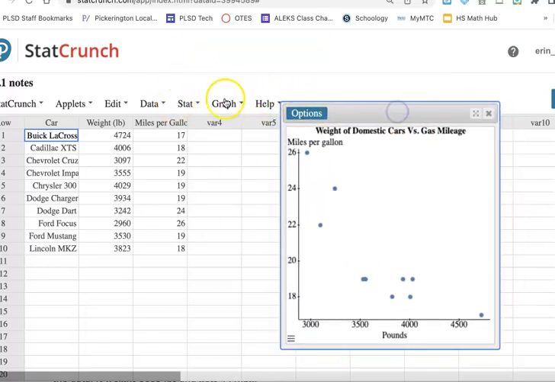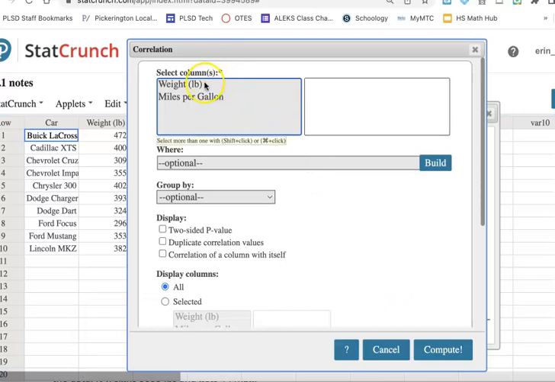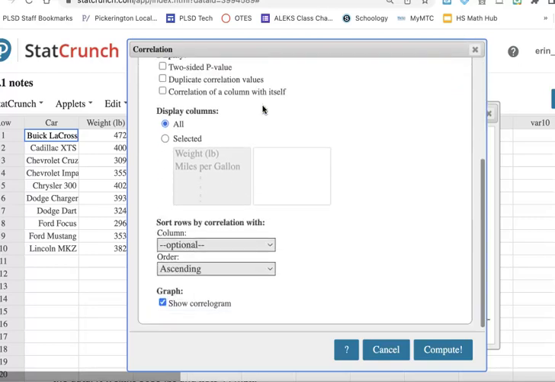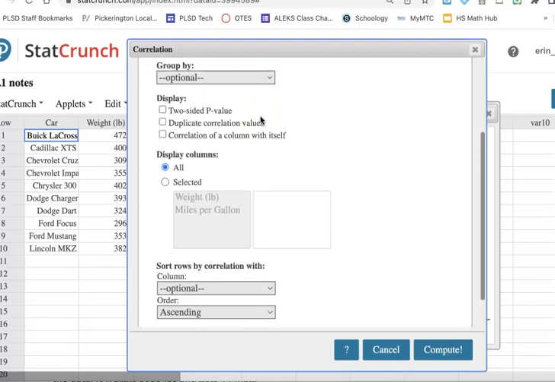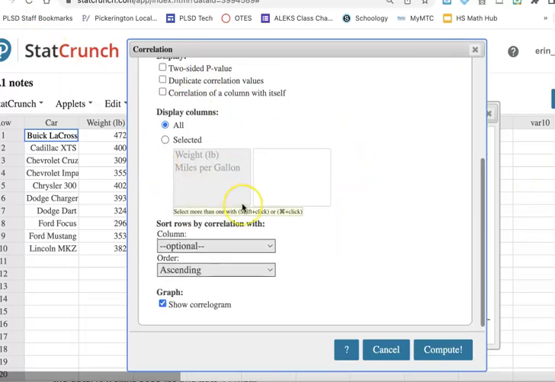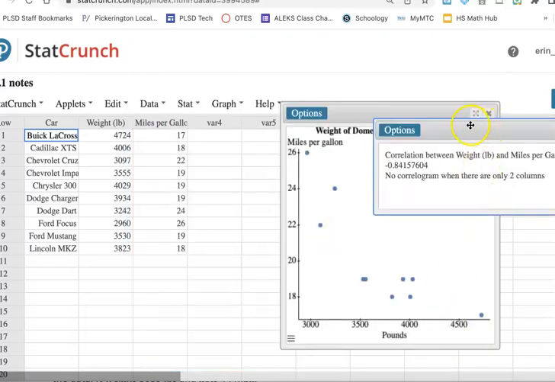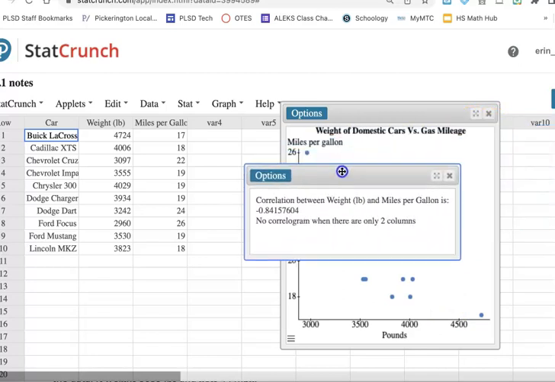So if I go to Stat, Summary Stats, and I am going to Correlation, and so we are selecting both weight and miles per gallon, and then none of these need to be filled in, so we can click compute, and it spits out for me.